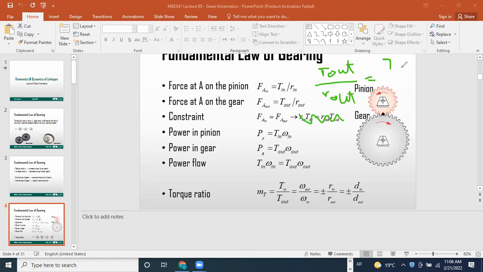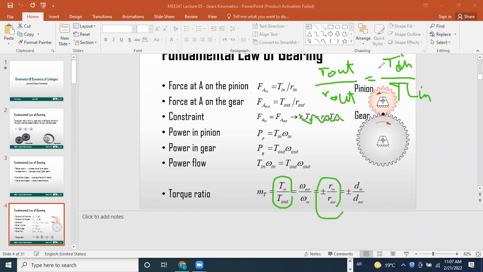And then we can deduce that the ratio of radii is equal to the ratio of torques. Because if you take T in to this side and R out to the other side, you get that T in over T out is equal to the ratio of R in over R out.